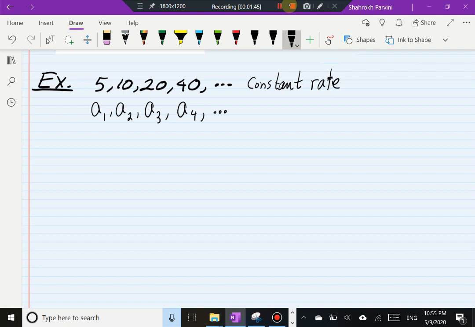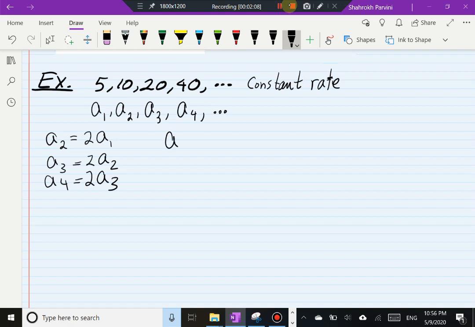So one way I can write this relationship is as follows. I can say A2 is 2 times A1, and A3 is twice A2. To get to A4, well, A4 is twice A3. That means you multiply the third term by 2 and you get the fourth term.